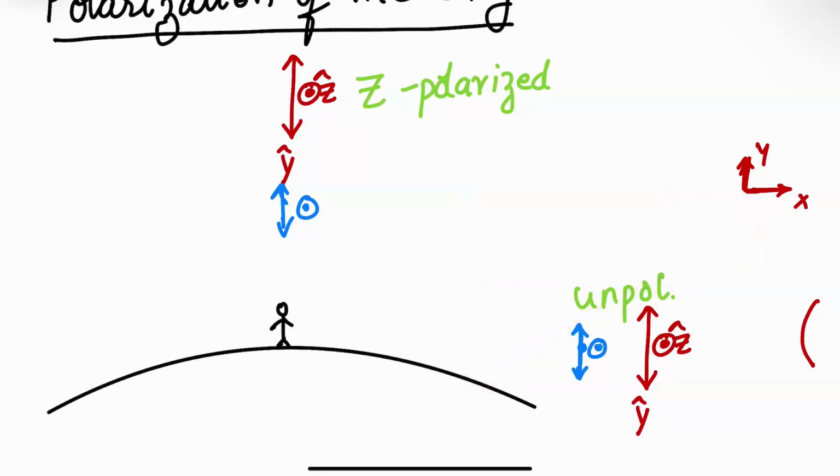So in positive Z and negative Z, you end up with the same case. You have this one and this one. This one reaches your eyes because you see this dipole, but you don't see this. You're in the null of this dipole, so that light would be Y polarized.